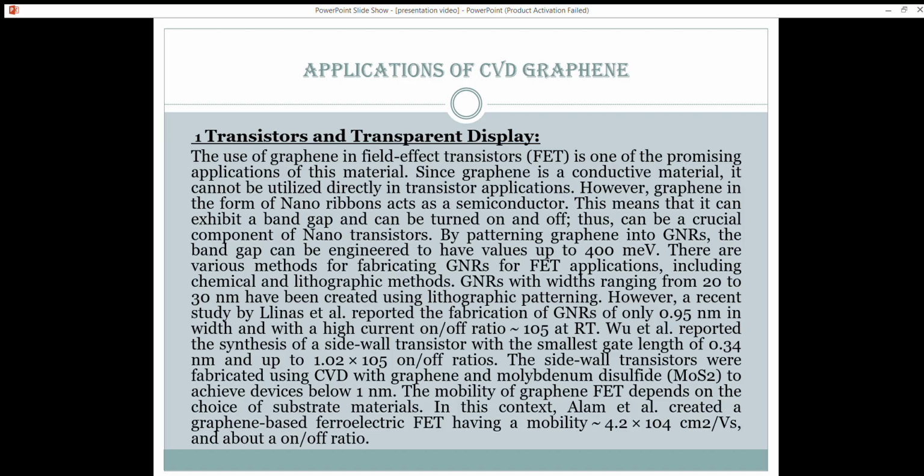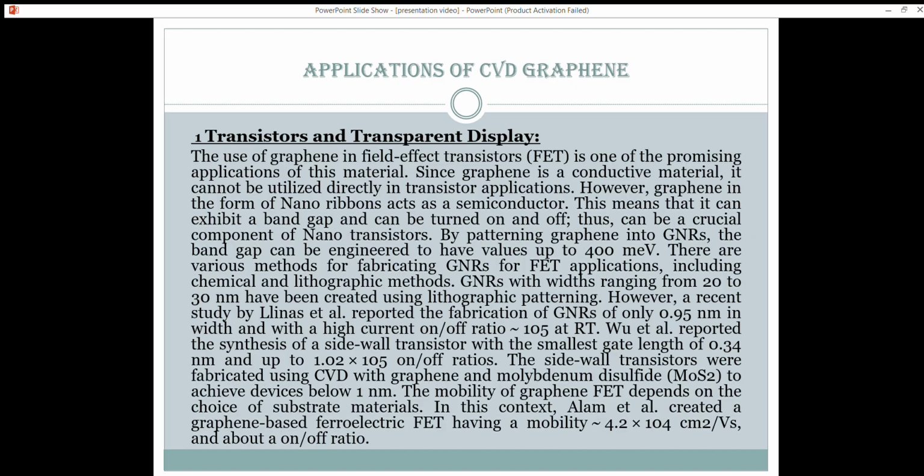GNRs with widths ranging from 20 to 30 nanometers have been created using lithographic patterning. However, a recent study by Linnaeus reported the fabrication of GNRs of only 0.95 nanometer in width, with a high current on to off ratio of 10^5.